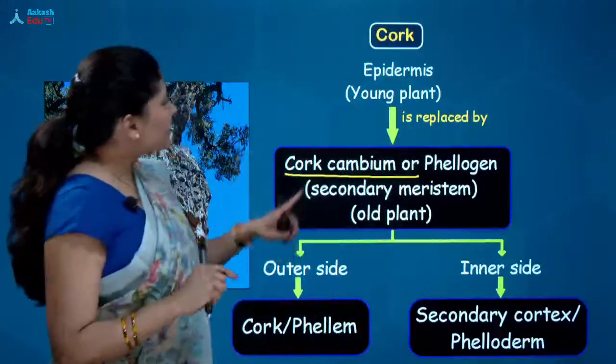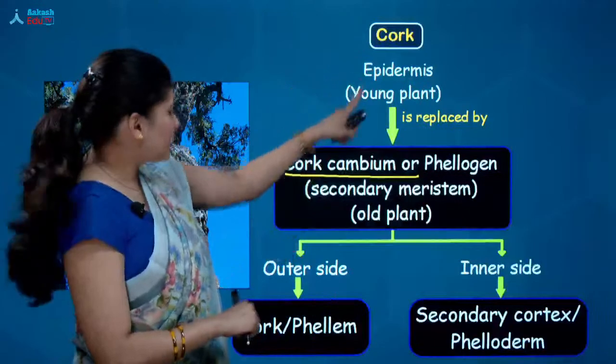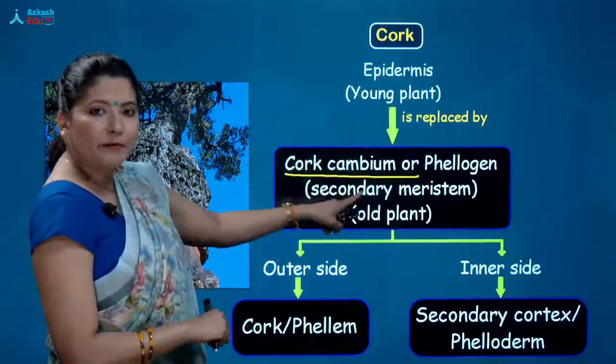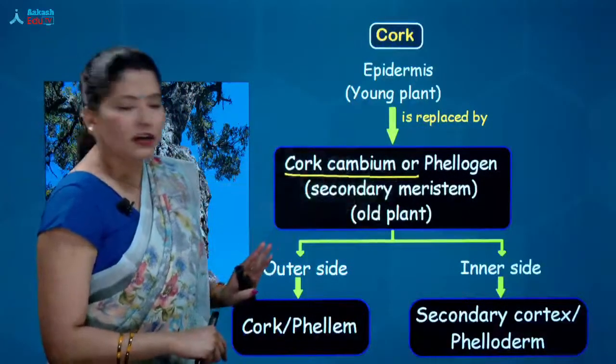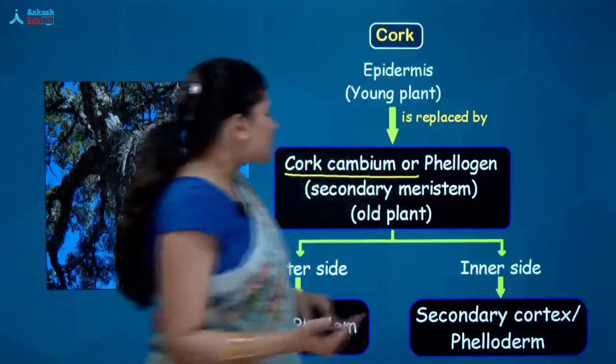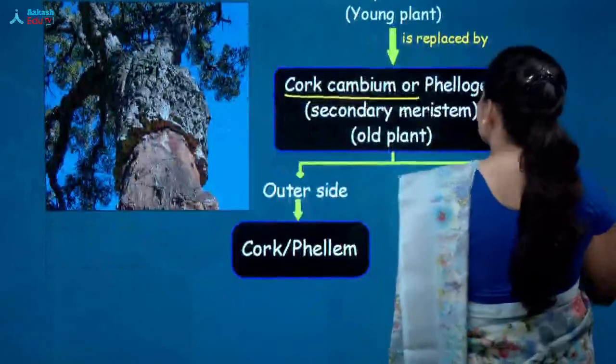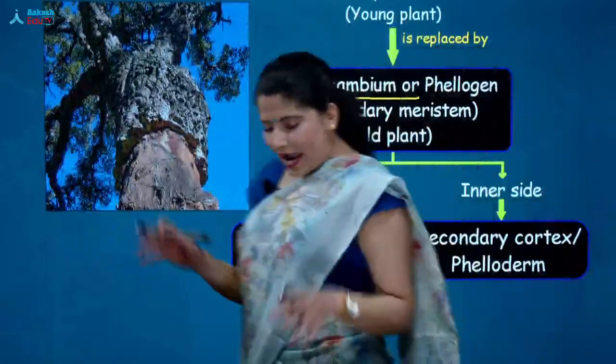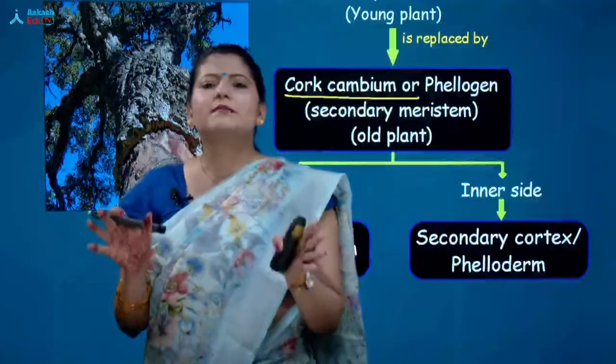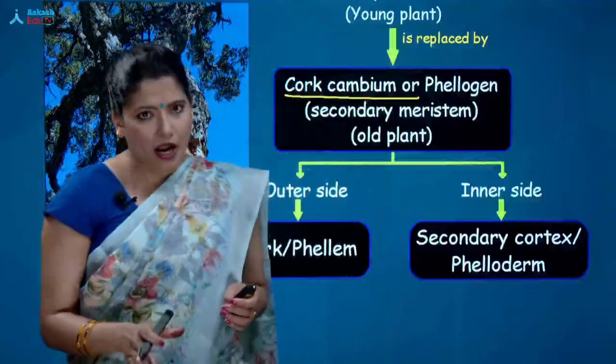So in that case, this epidermis is replaced by cork cambium, which is also known as secondary meristem. Secondary meristem, okay. And always remember this secondary meristem is the part of old plants.